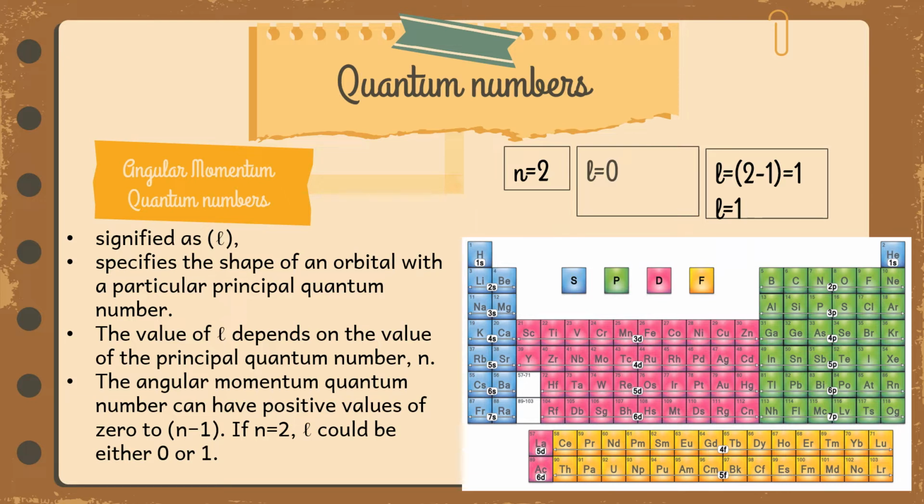So we have two angular momentum quantum numbers for n equals 2. It indicates the sublevels.